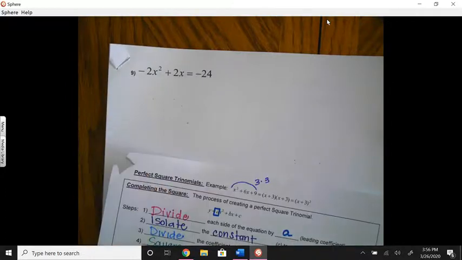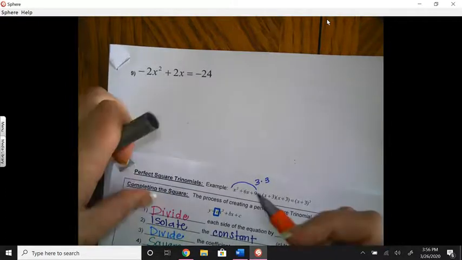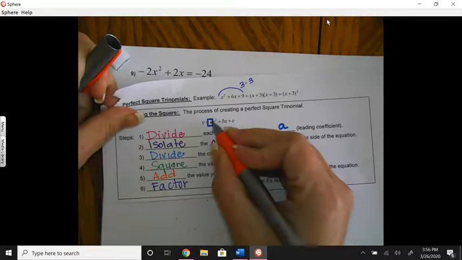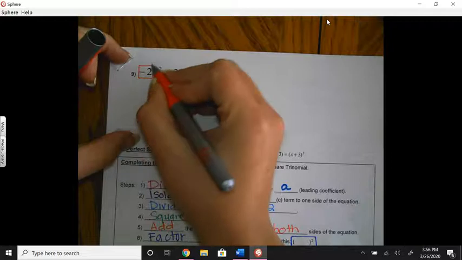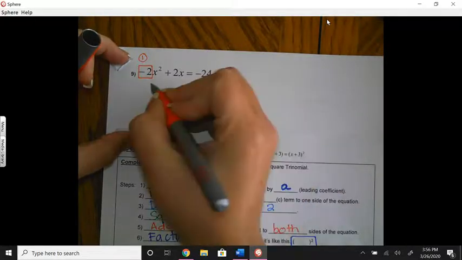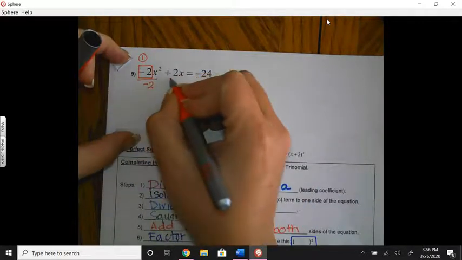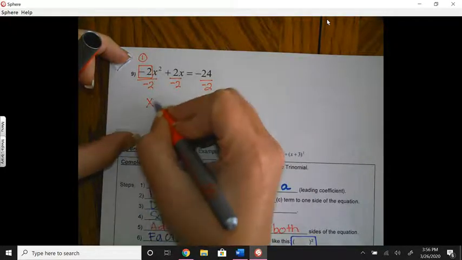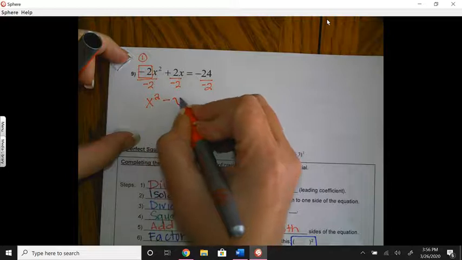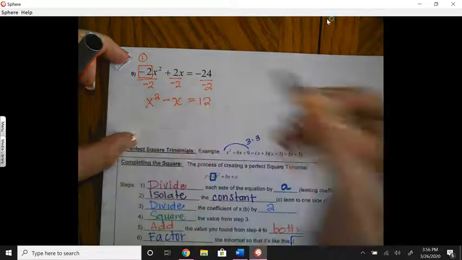So remember, a is the number in front of the x squared. We want this to be 1. So we want this to be a positive 1. So step 1 is we want to divide everything by a negative 2. So then we would have x squared minus x equals 12. So that was step 1.